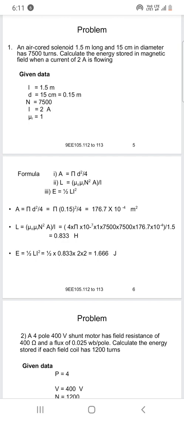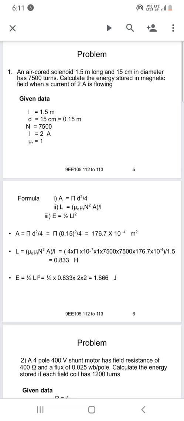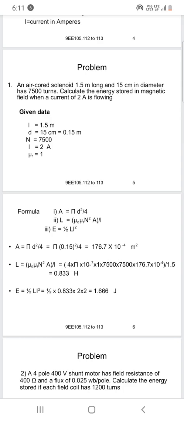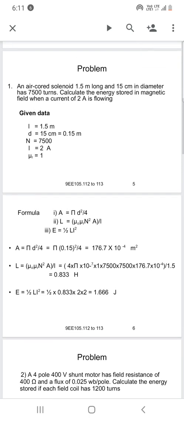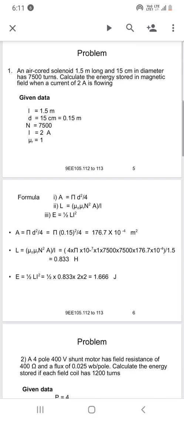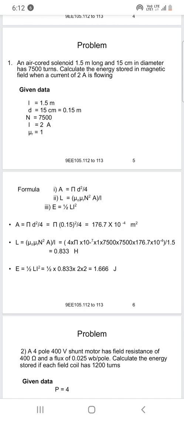The diameter is 15 centimeter, which we convert to meters, so the diameter equals 0.15 meter.